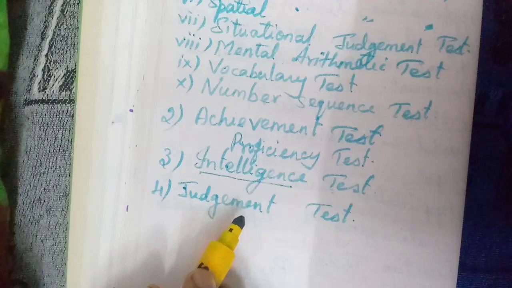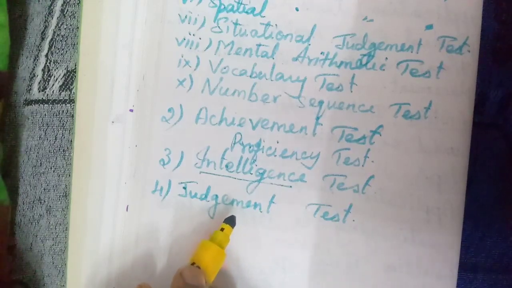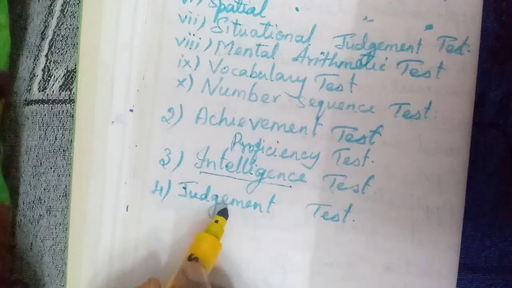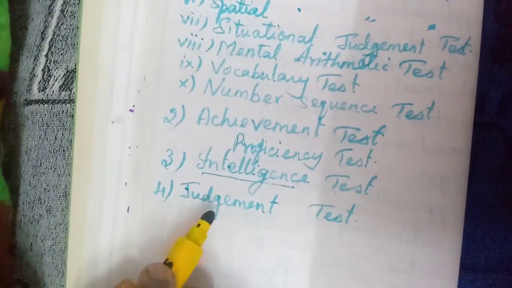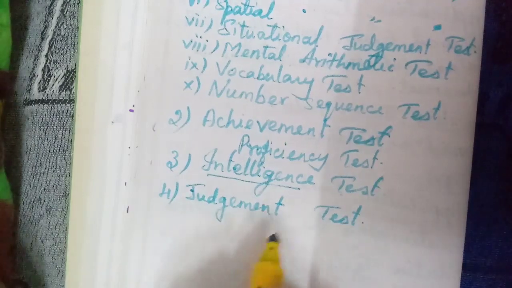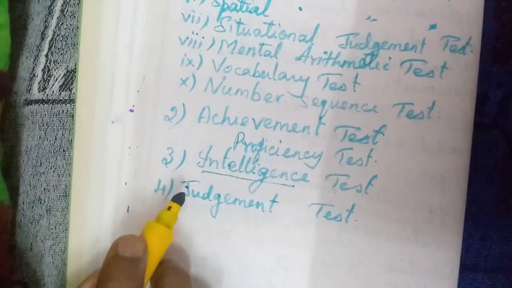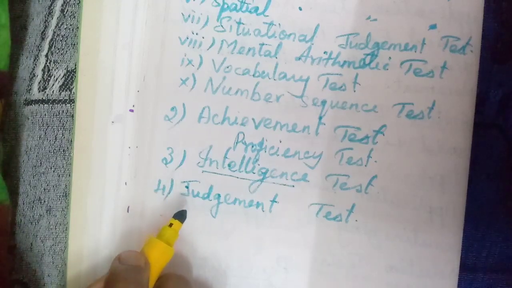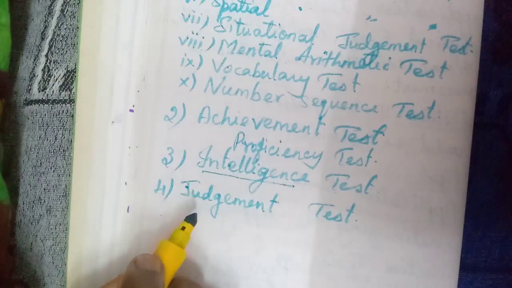They may ask many questions and ask them to answer within 1 or 2 minutes. Immediately he has to think, reason out and act. How he takes a decision, how he judges one specific situation will be checked by this judgment test, to test his presence of mind and reasoning capacity.